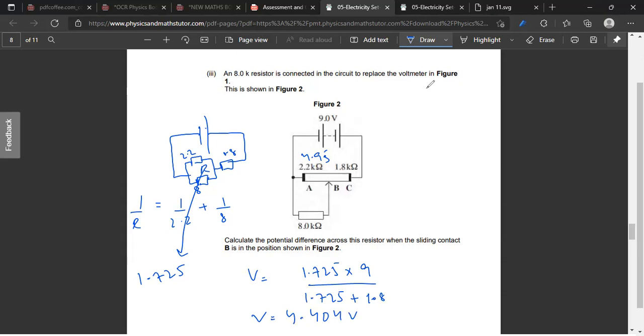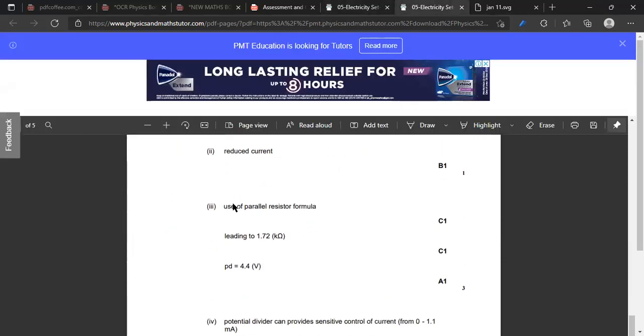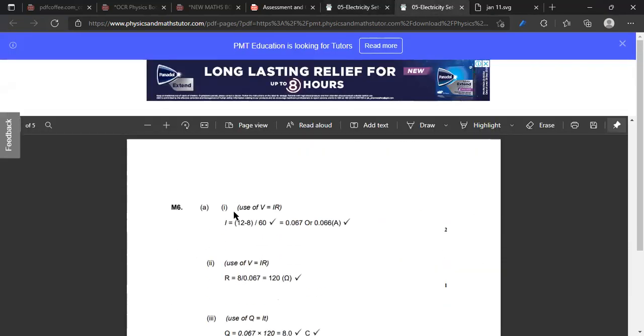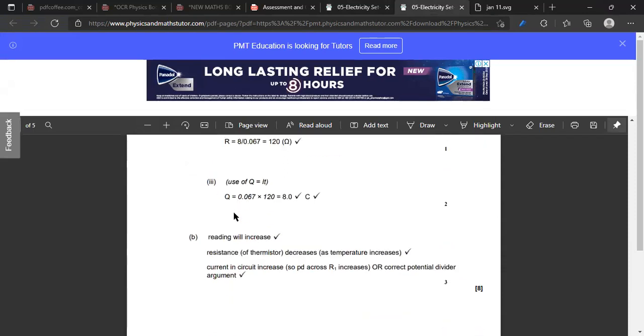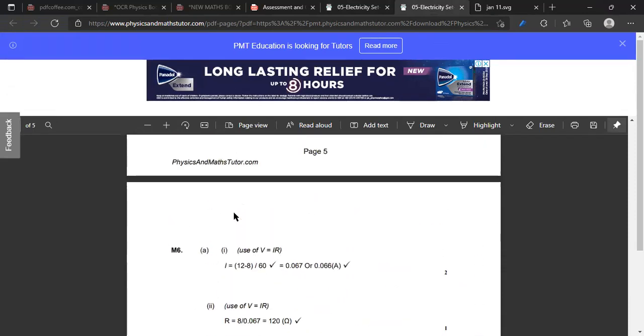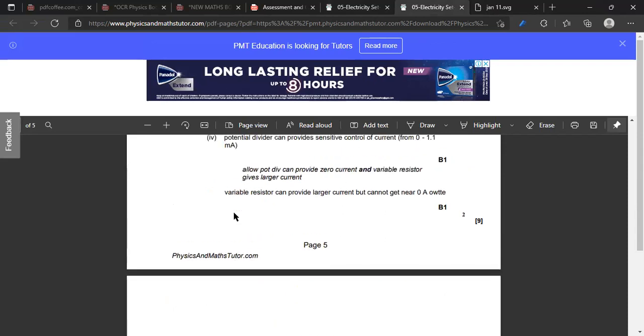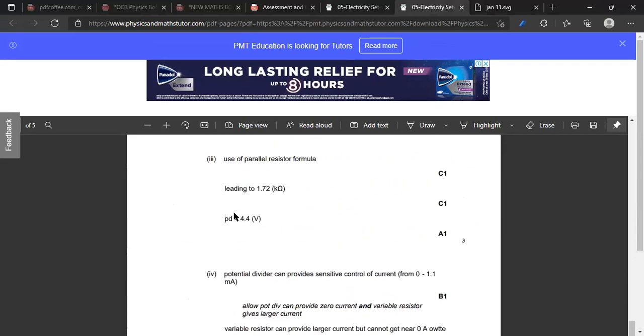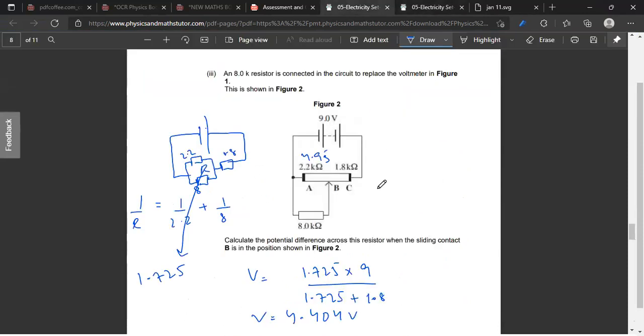Do you get this thing? Kind of. When I get to the answer, hopefully. Yeah, 4.4. So this is the image that you should have in your mind.